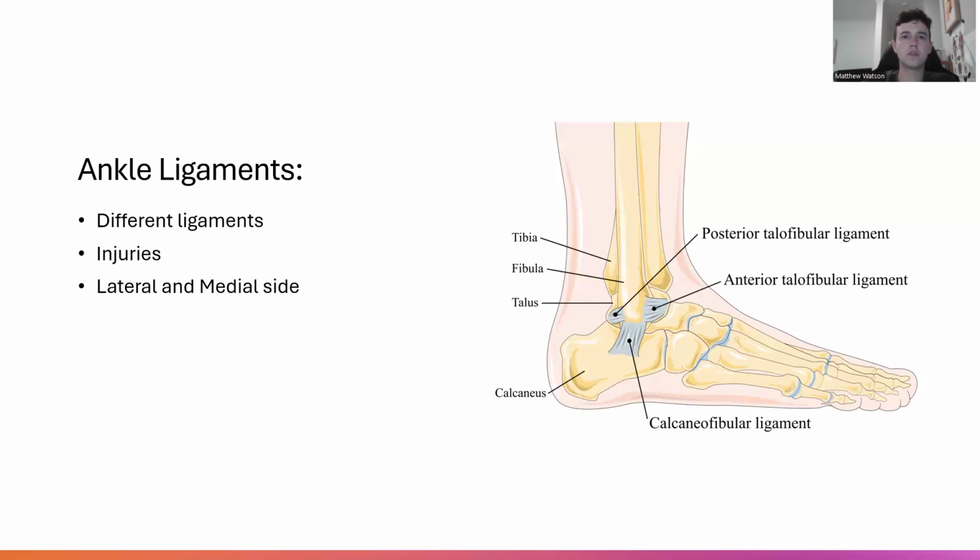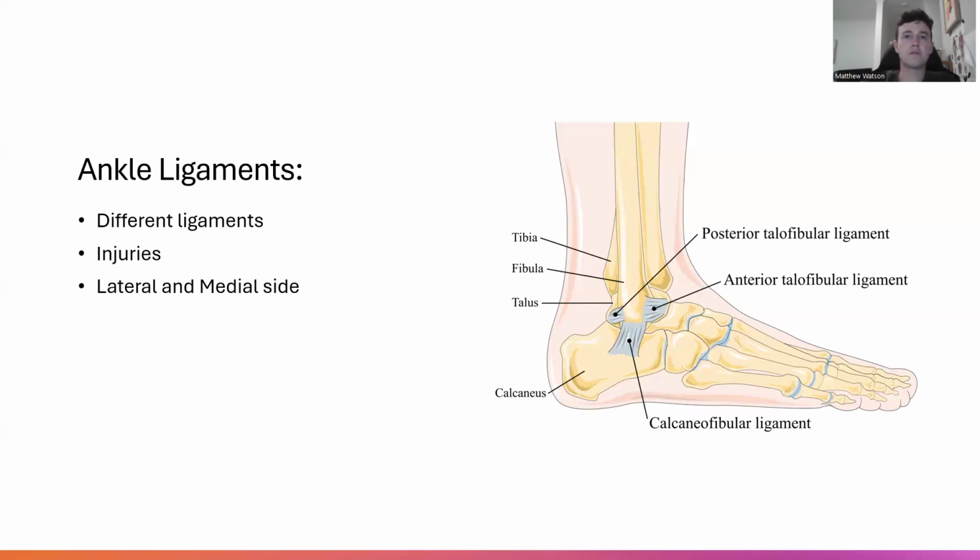There is also the calcaneofibular ligament, also known as the CFL, which originates on the inferior lateral malleolus, then inserts onto the lateral side of the calcaneus. The last lateral ligament is the posterior talofibular ligament, also known as the PTFL, which also originates on the lateral malleolus, then inserts onto the superior side of the talus.